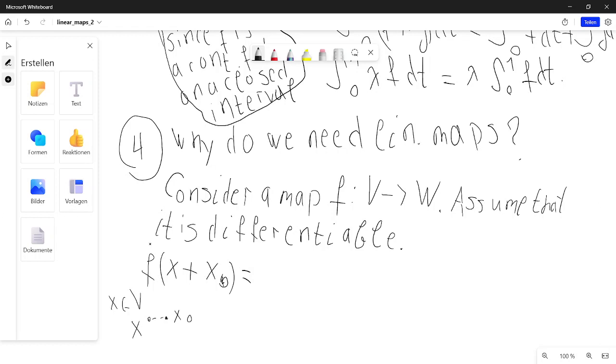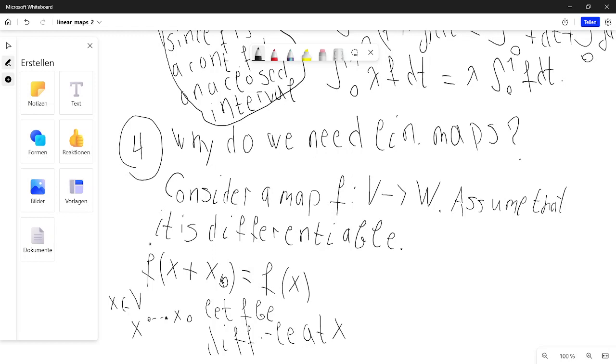Okay, we just have this map, we can evaluate it, why not? And let f be differentiable at x.